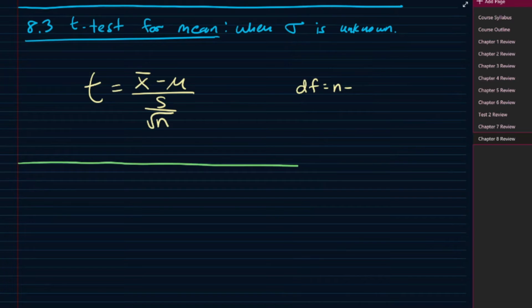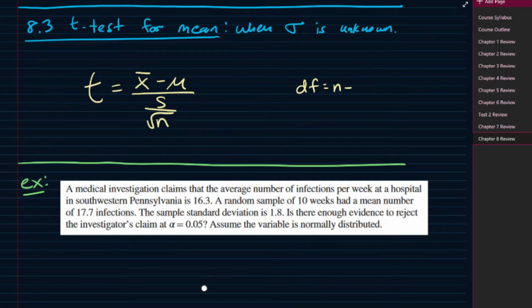So let's look at some examples. We've got this question that says, a medical investigation claims that the average number of infections per week at a hospital in southwestern Pennsylvania is 16.3. A random sample of 10 weeks had a mean number of 17.7 infections. The sample standard deviation is 1.8. Is there enough evidence to reject the investigator's claim at an alpha of 0.05?